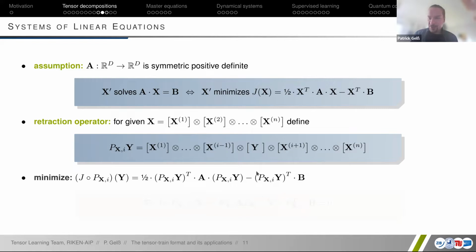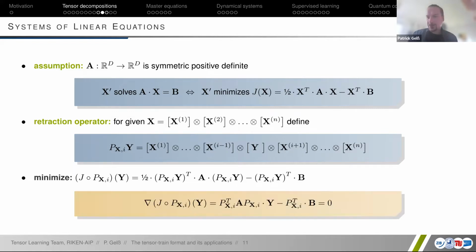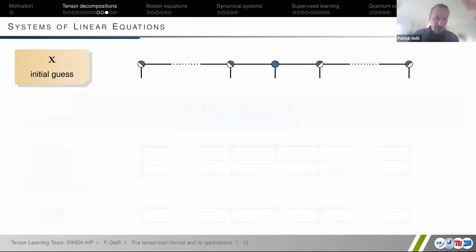If we want to minimize this functional, we consider the gradient and want to find points Y where the gradient is 0, which leads again to a system of linear equations, but a low-dimensional system. This is really only in the space of the dimensions of our tensor core, so not only the mode I, but also the product with the ranks R_{i-1} and R_i. So in pictures, this looks like this.